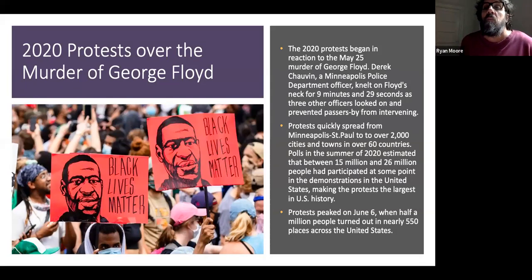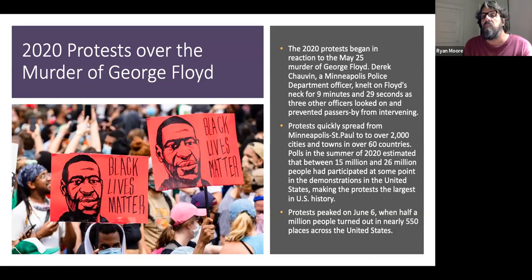But then the biggest wave of protest and uprising that we've ever seen, by some indicators, is in the summer of 2020, in response to the murder of George Floyd in Minneapolis.